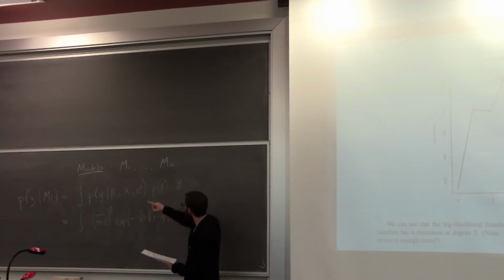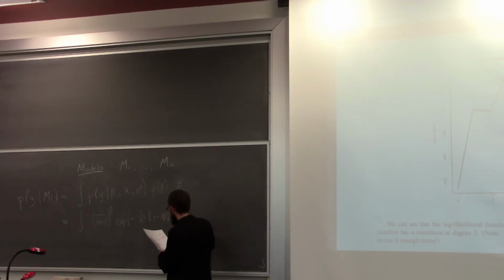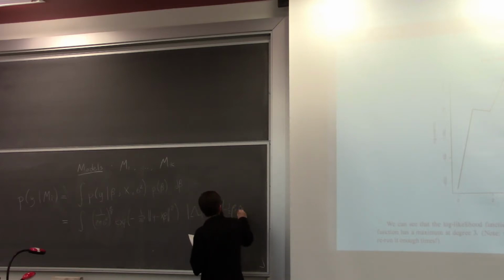And this guy, P of beta, is also Gaussian. It's a multivariate Gaussian with this lambda determinant to the 1/2, and exponent minus 1/2 beta transpose lambda beta, like so.